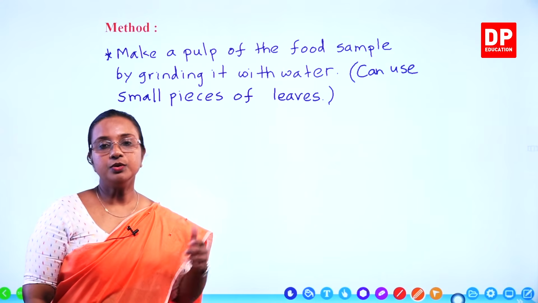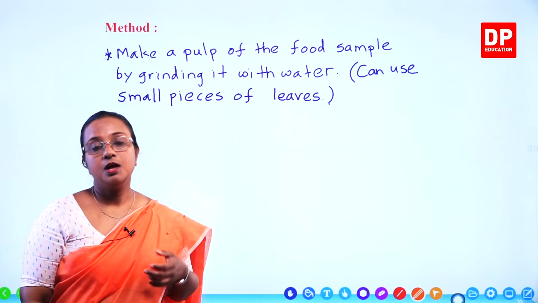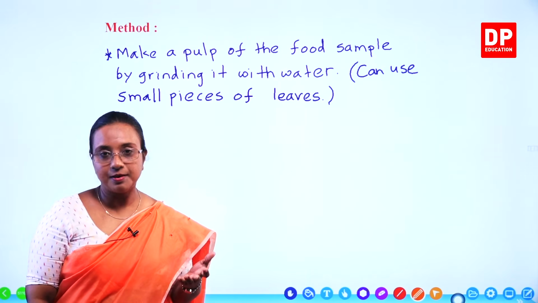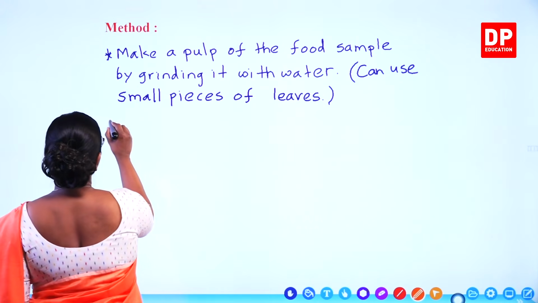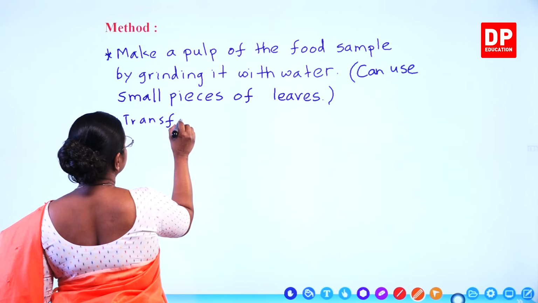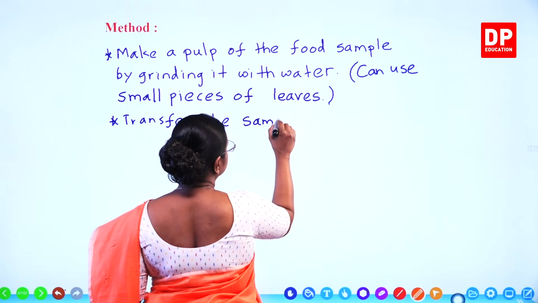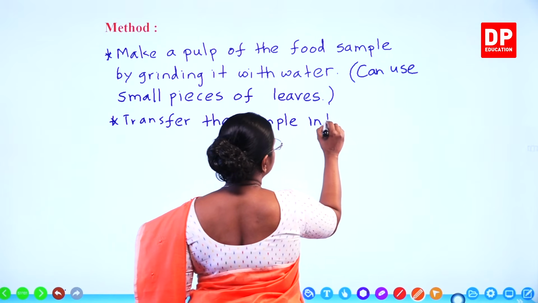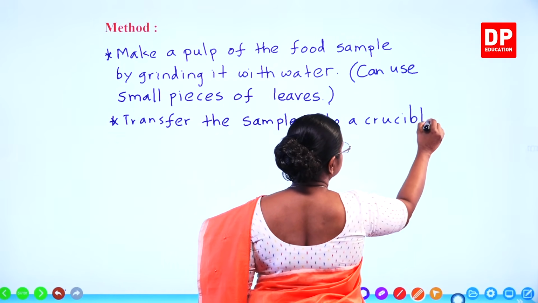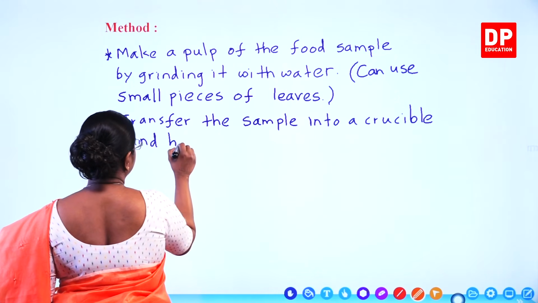Then we take the plant material into a crucible. Why a crucible? Because it can withstand very high temperature. Transfer the sample into a crucible and heat.